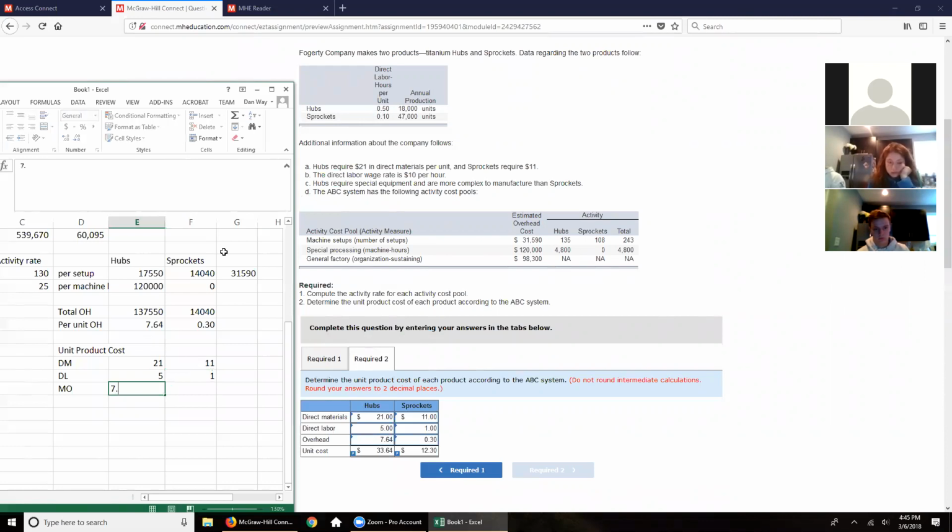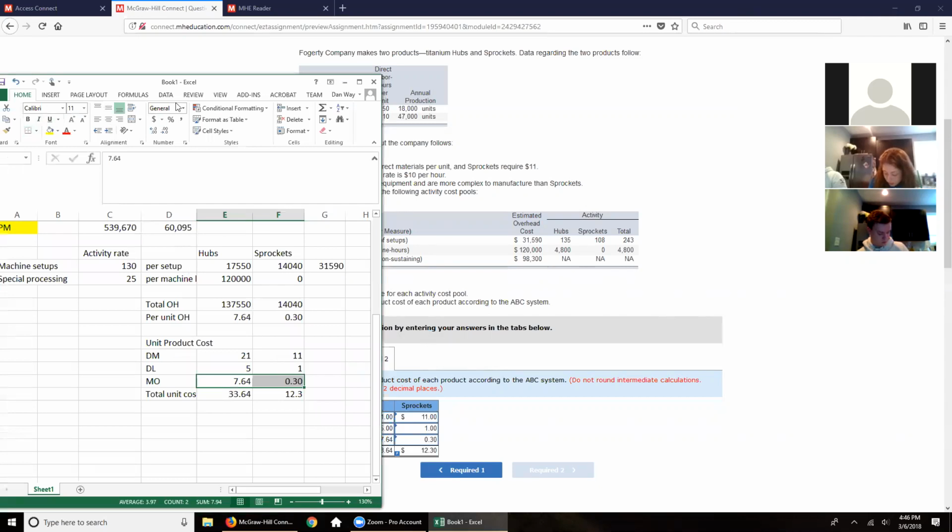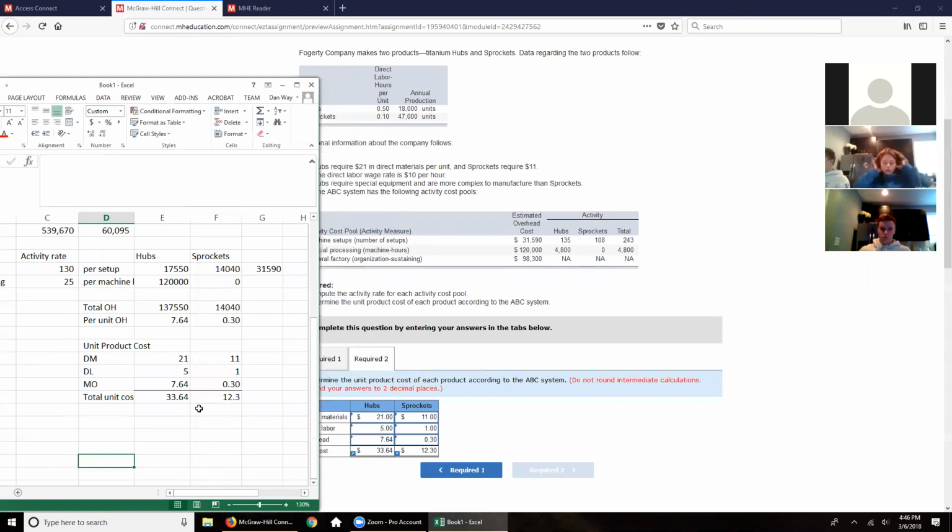And then again, we just came up with our overhead cost here, $7.64 and 30 cents, respectively. So then the total unit cost is just the sum of those 3 components. So $33.64 for hub, $12.30 for the sprocket.